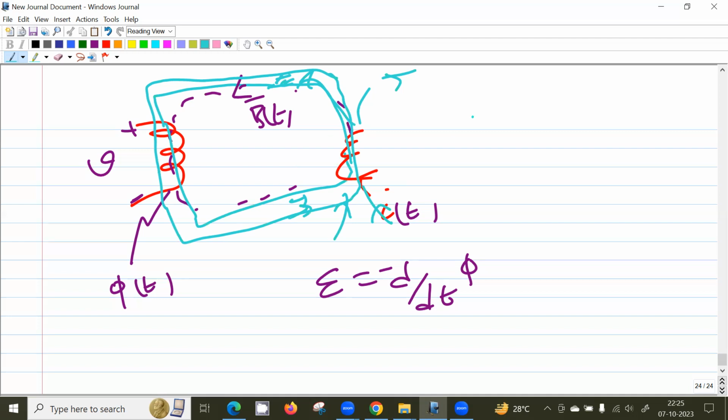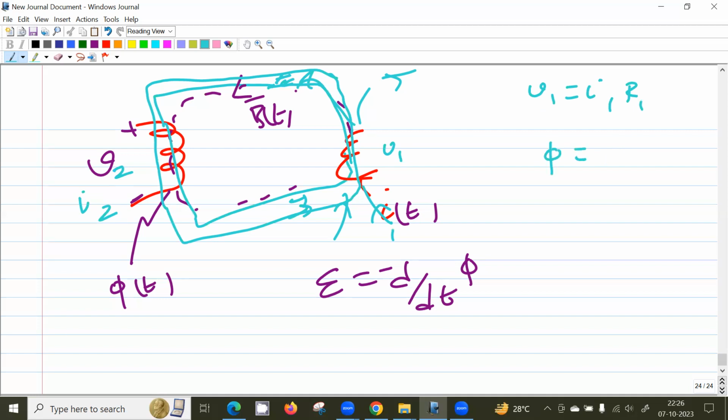Here on the input side, we have a voltage and a corresponding current, say V1 and I1. On the secondary side we have V2 and the corresponding current I2. This V1, with current I1 and resistance R1, is a coil, and it will produce a flux that is proportional to I1.